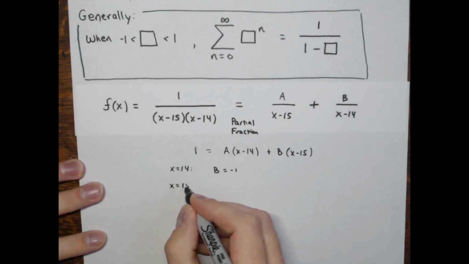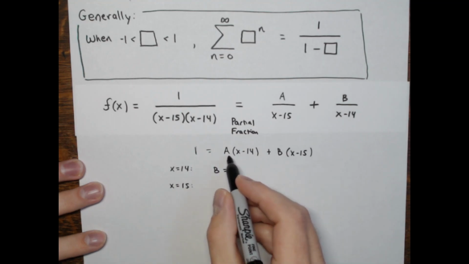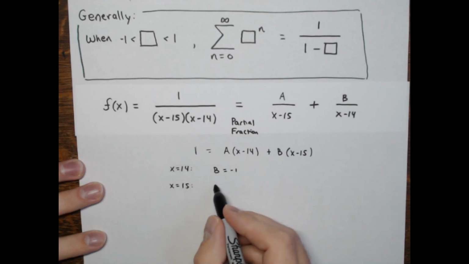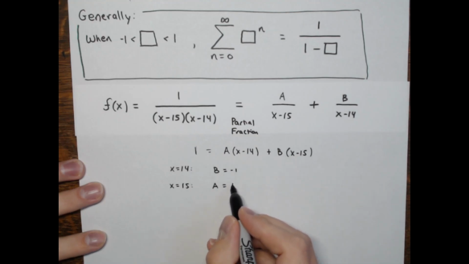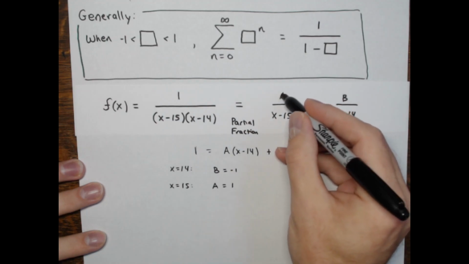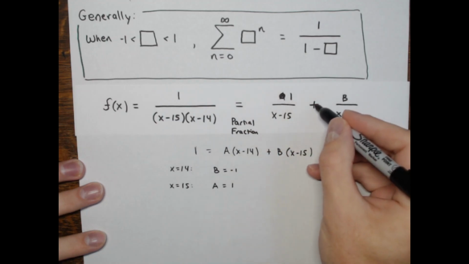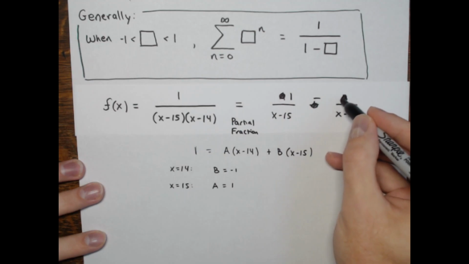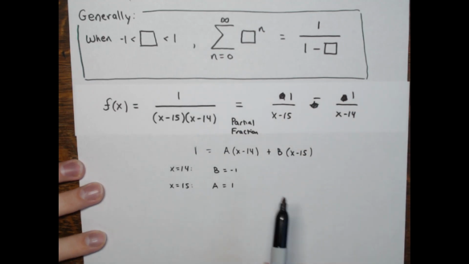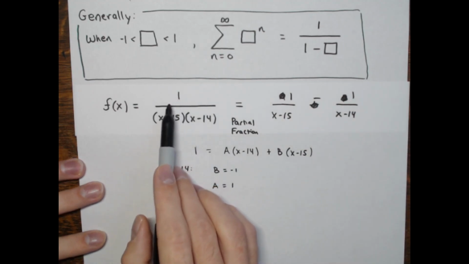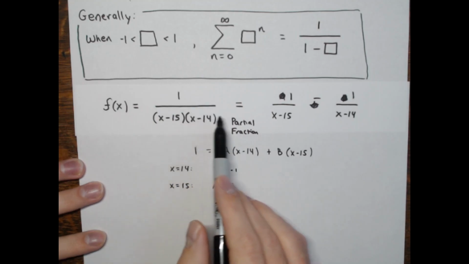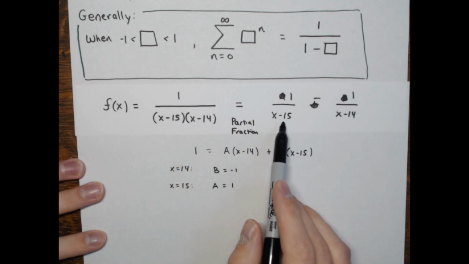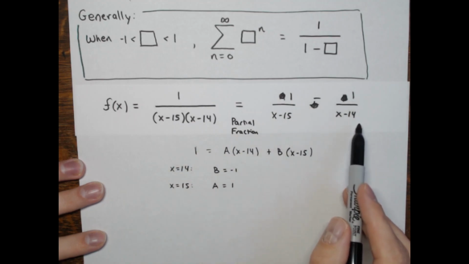And if x were 15, you'd have A equals 1, and the term with B would be 0 times B. So I rewrite A as 1, and we have minus 1 for B. So I can express this function 1 over (x minus 15)(x minus 14) as 1 over x minus 15 minus 1 over x minus 14.